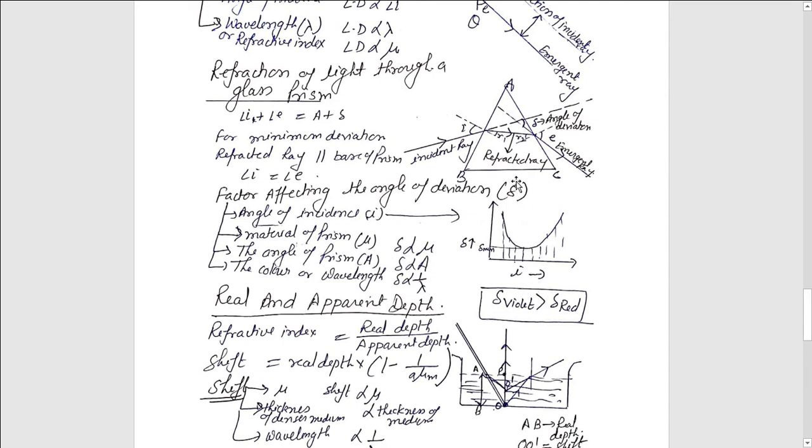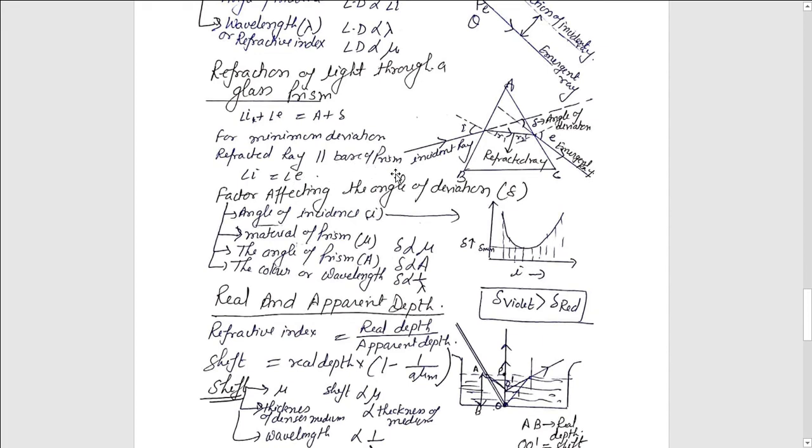Another important question asked: how are the angle of incidence, angle of emergence, angle of prism and angle of deviation related? I plus E is equal to A plus delta. But for minimum deviation, angle I is equal to angle E, and the refracted ray must be parallel to the base of the prism.